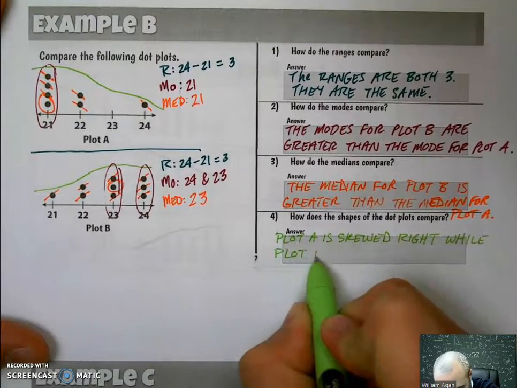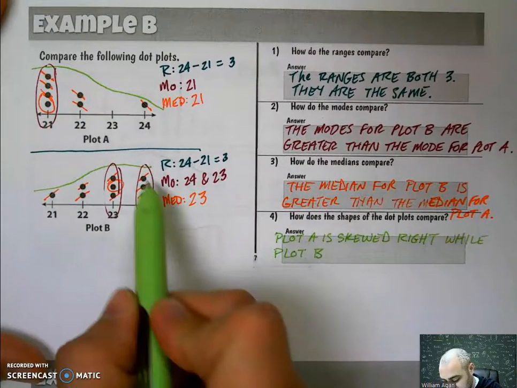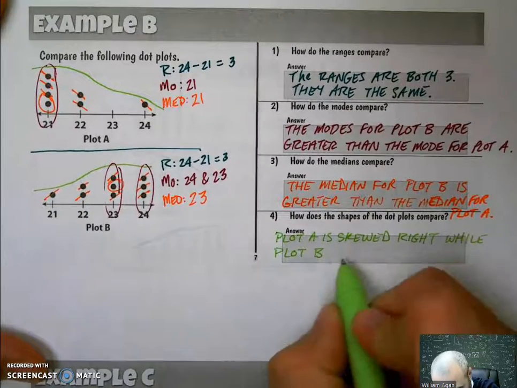And is plot B skewed? I would say yes, it has a tail on the left, so it is skewed to the left.